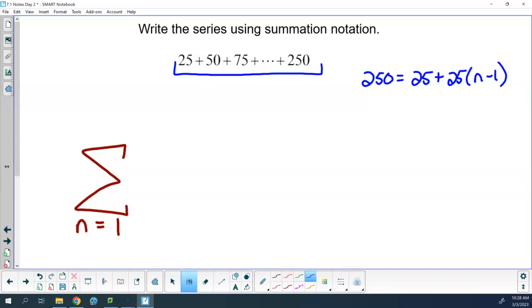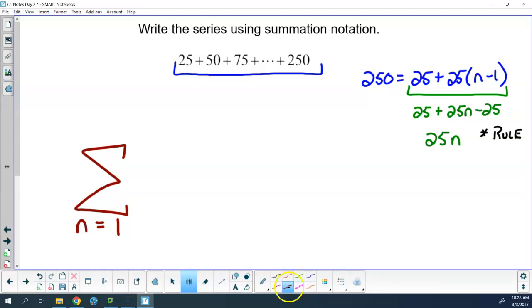I can solve that one of two ways. The first way is I'm going to simplify this side only. I get 25 plus 25n minus 25, which gives me just 25n. Agree with that? That, ladies and gentlemen, is the rule.